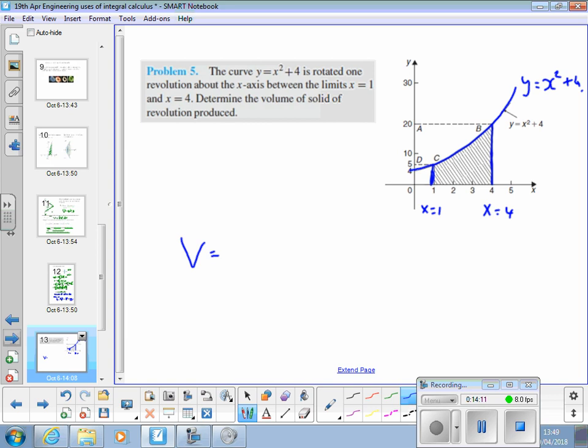What we're going to integrate and where between. What you do is the radius of each slice multiplied by pi, squared. You do the integral to get the volume.